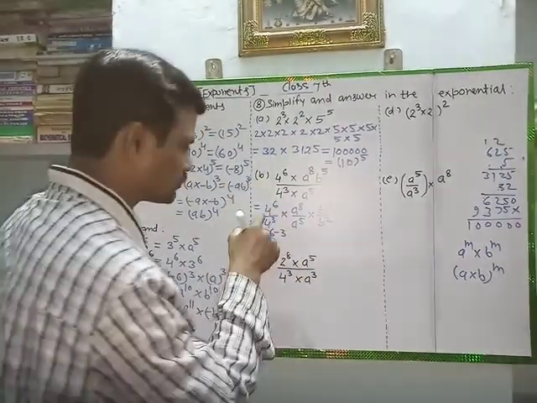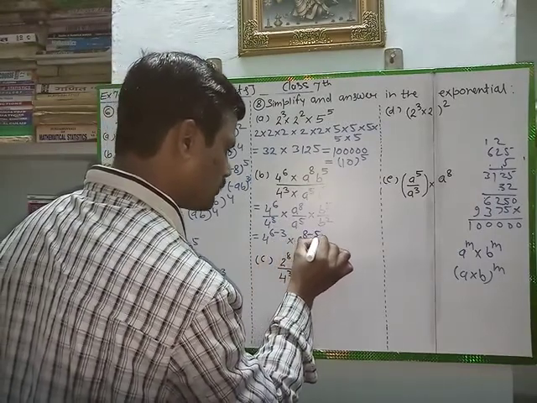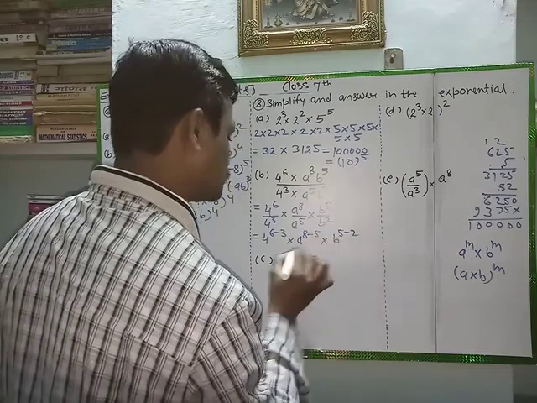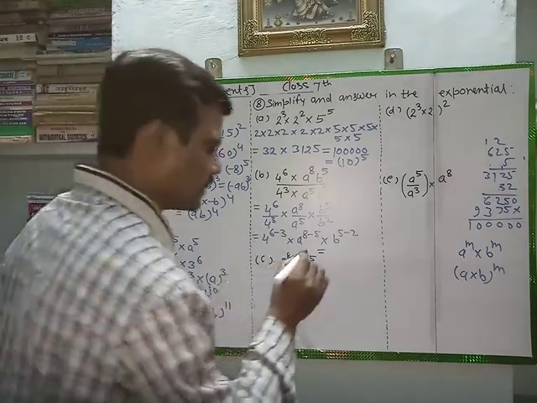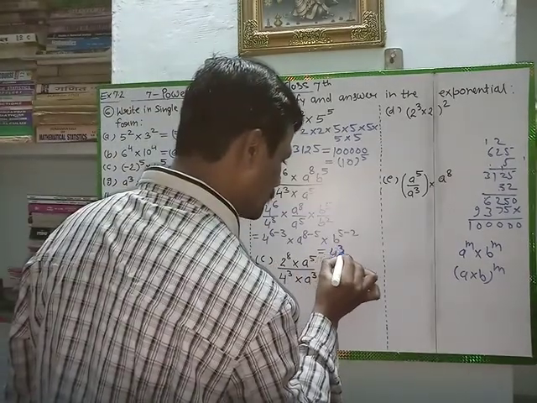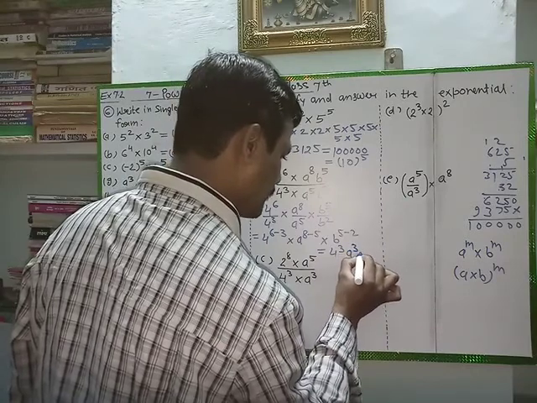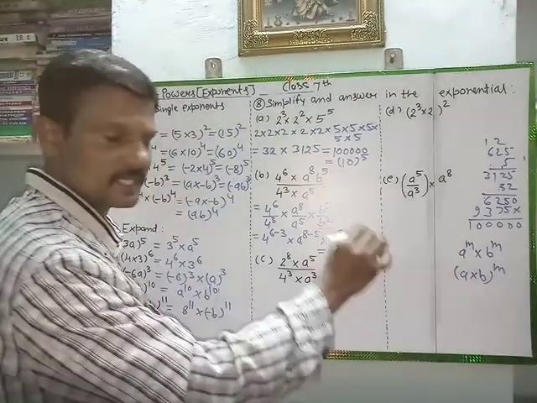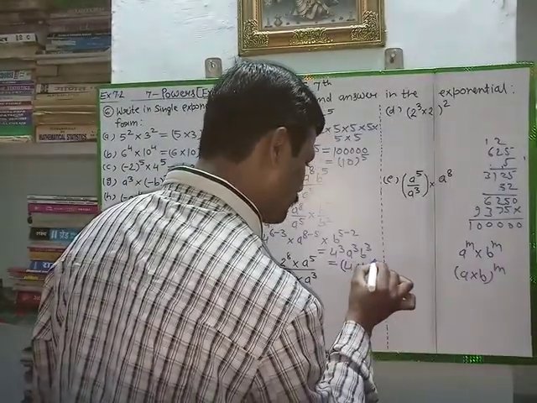It is division, that's why a to the power 8 minus 5, multiply with b to the power 5 minus 2. So the final answer is 4 to the power 3, a to the power 3 and b to the power 3, and you can write the answer as 4ab to the whole power 3.